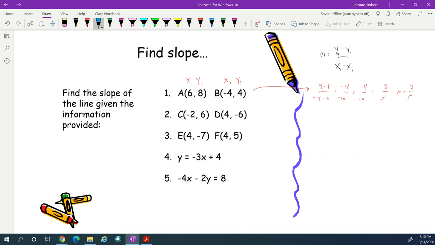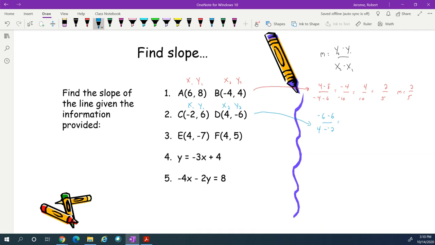Let's look at another, number 2. Again, we can label things x1, y1, x2, y2, and simply plug it in. So I'm going to bring it over here. y2 minus y1, negative 6 minus 6. For the x's, x2 minus x1.